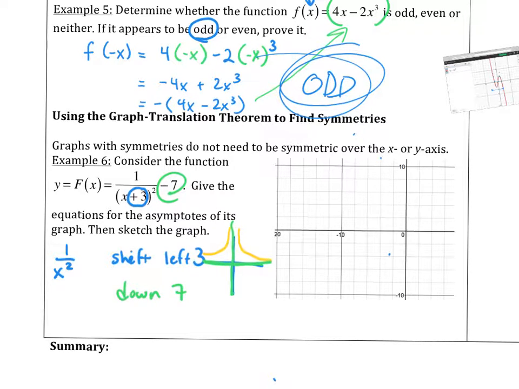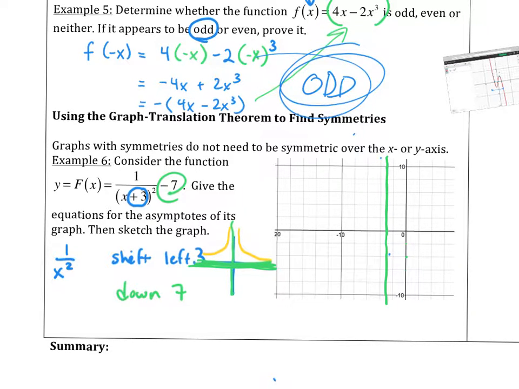In shifting left 3, I am going to have my vertical asymptote or line of symmetry there. And next, since I'm going down 7, this horizontal asymptote is going to go down 7 as well.